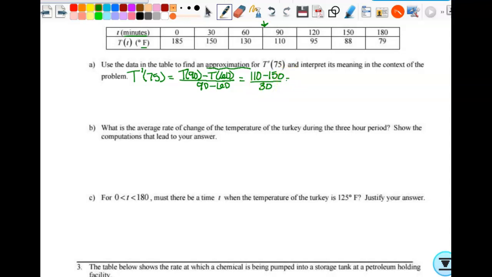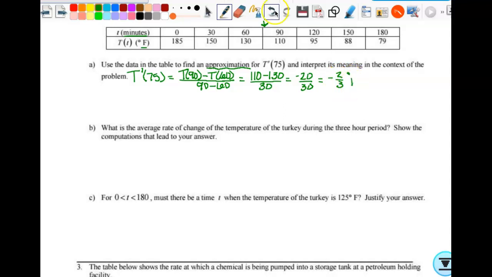Where did I get 150? Oh, dang it, 130. I can't even pull the right numbers off the chart. 130, yes, 130, I'm sorry. So then this gives me negative 20 over 30, which is negative 2/3 degrees.